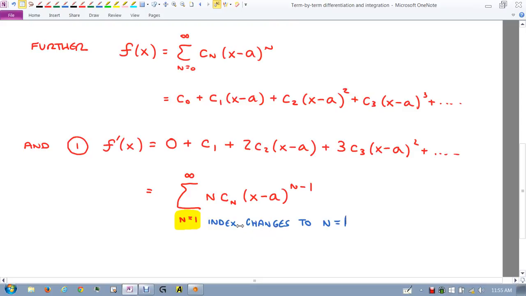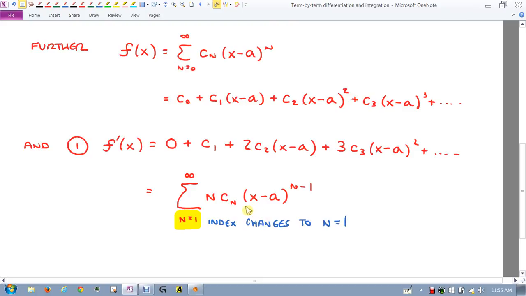Would it matter? If I forgot and just put 0 here, I would get what? 0, which would kill everything off. C sub 0, is C sub 0 defined? Yes, because the original function, we started at 0, right? So C sub 0 would be defined. But look at this part right here. 0 minus 1 would be negative 1, wouldn't it? Yes? So it would be this on the bottom. Do you agree?